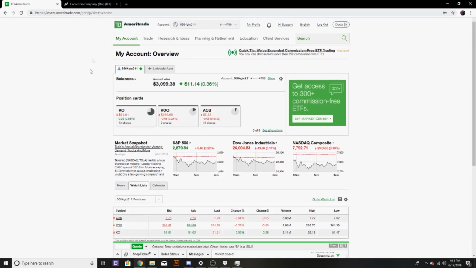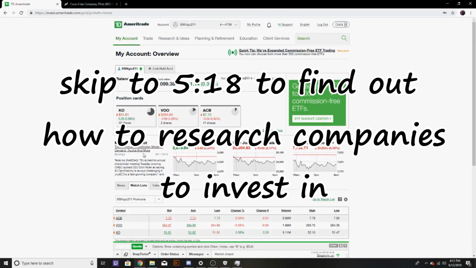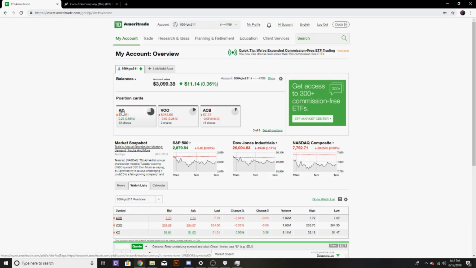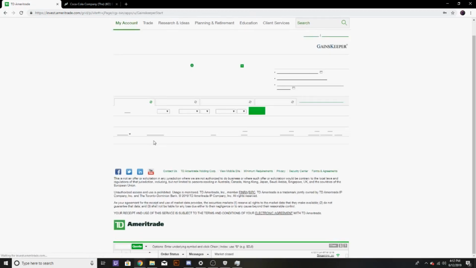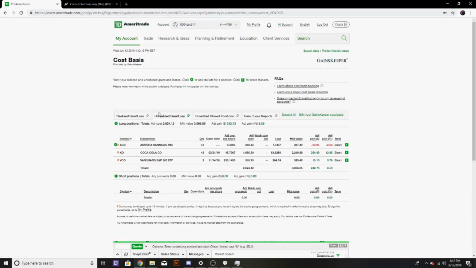So this doesn't even include actual market gains, like the actual stock price going up and the value of the stock. So I'm here on my TD Ameritrade now, and I just want to show you guys my investment in Coca-Cola. I put about $19.75 in here. So we're going to go to my cost basis right here, and we've got my unrealized gain/loss because I haven't sold the stock yet, which I don't plan on doing because I want to keep this long term.